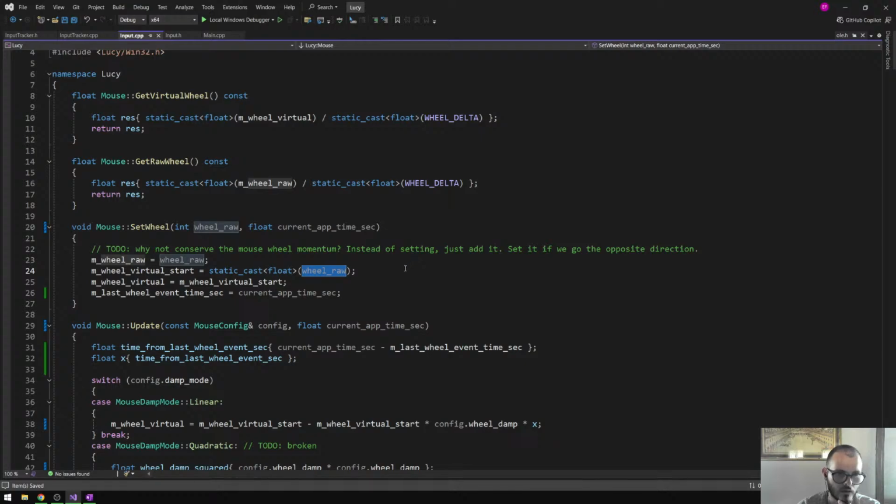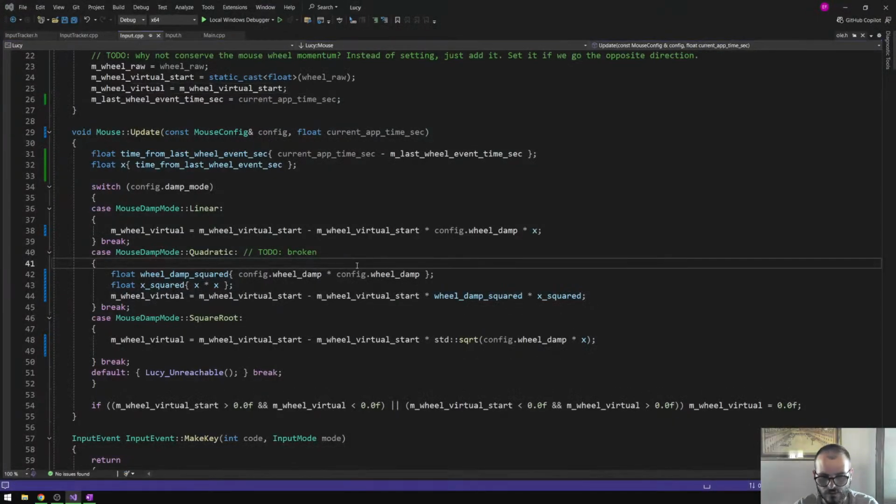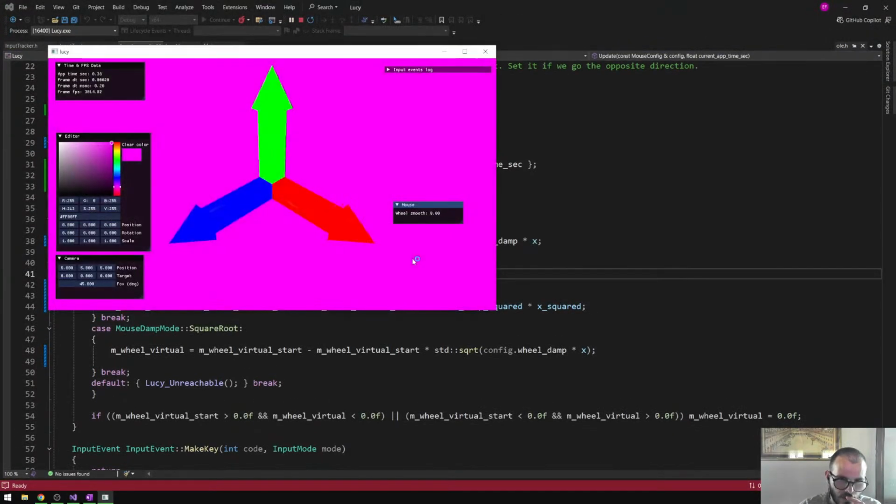So if you scroll in the same direction, you accumulate momentum instead of it being reduced.